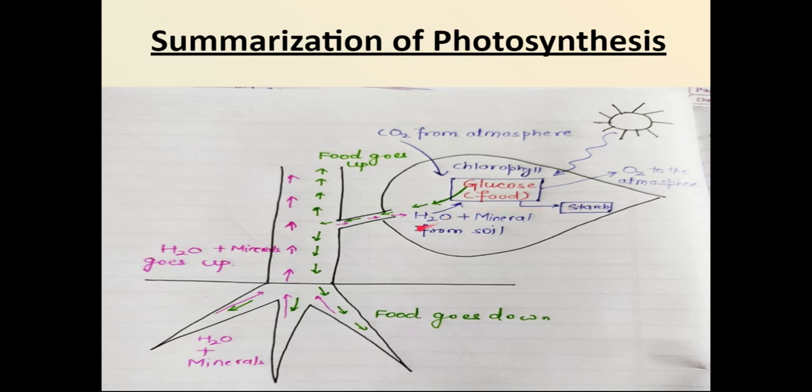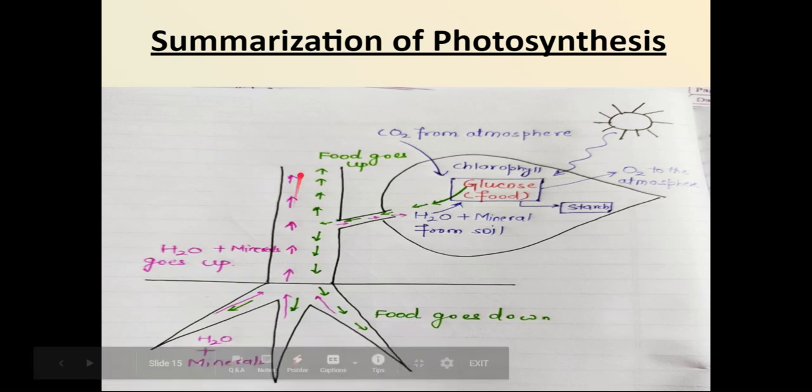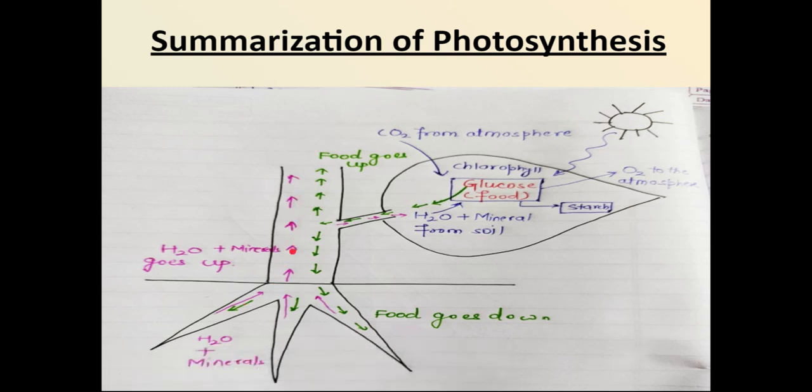Okay, and here the pink color arrows are for the absorption of water and some of the minerals which are being transported in the dissolved state along with the water by the conducting tissue, that is xylem, in the upward direction. Okay, pink arrows are only in one direction, that is upward direction.